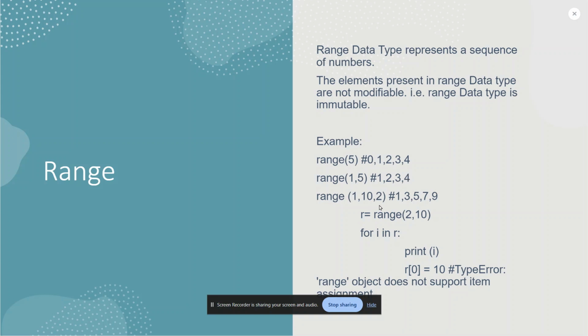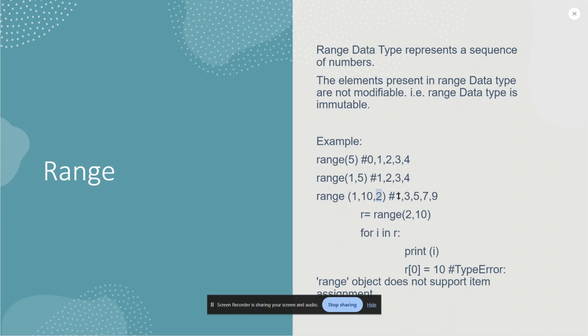You can also tell how you want to generate. Do you want a frequency, like every second number to be given as output, not all the numbers in that range? That you can also define using the third value as an input to the range function. You can give the frequency how you want it. Among 1 to 10 it has to skip one number in between and go on.